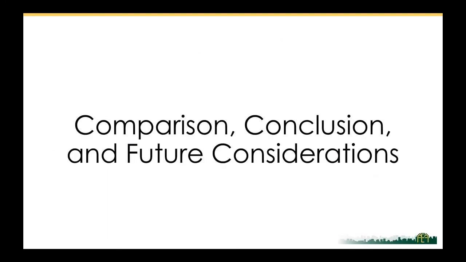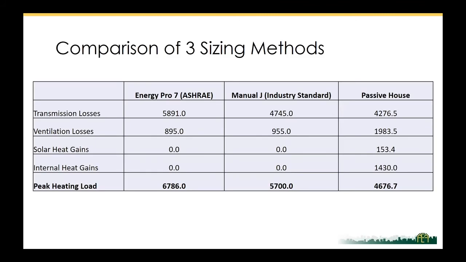All right, so now we're going to go through the comparison of all three methods and the conclusion and future considerations. Comparison of three sizing methods. Transmission losses are less in the Passive House, and that's only transmission losses. That does not include any internal heat gains or solar heat gains.